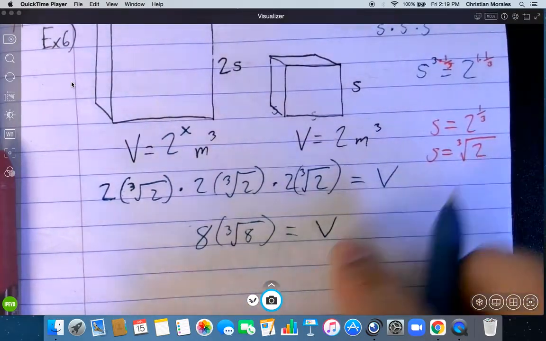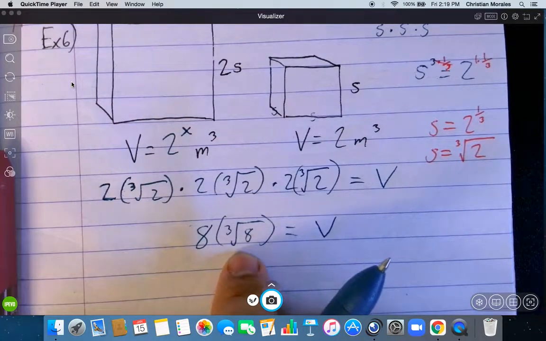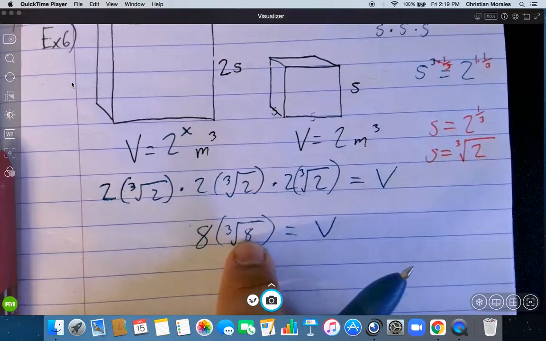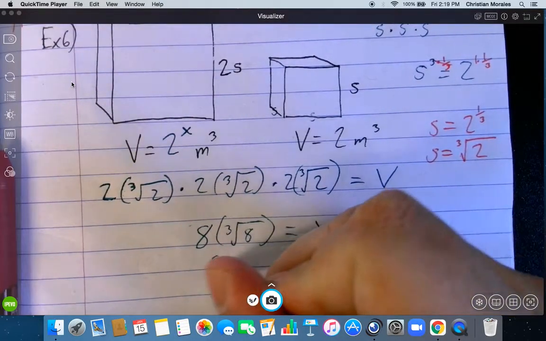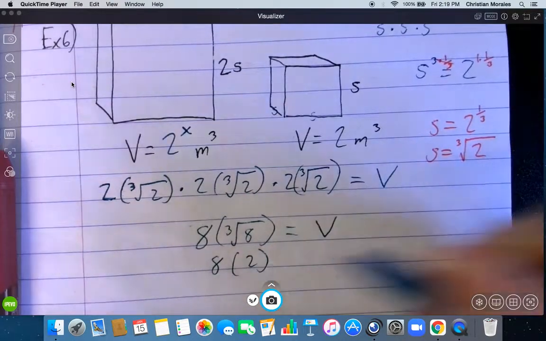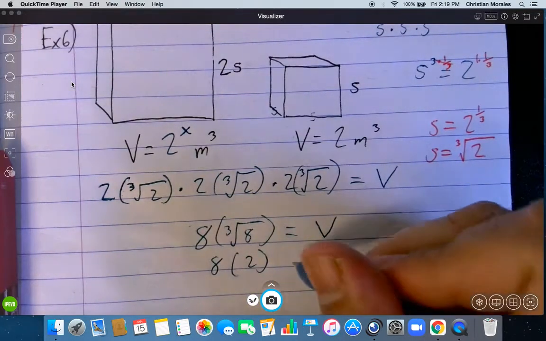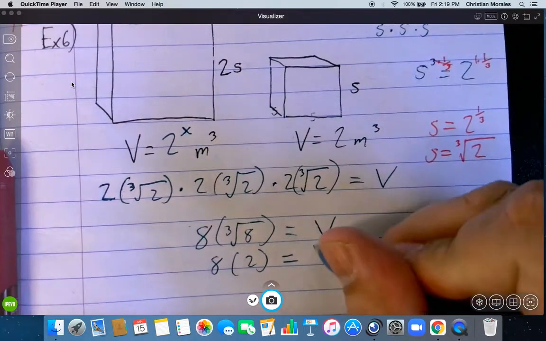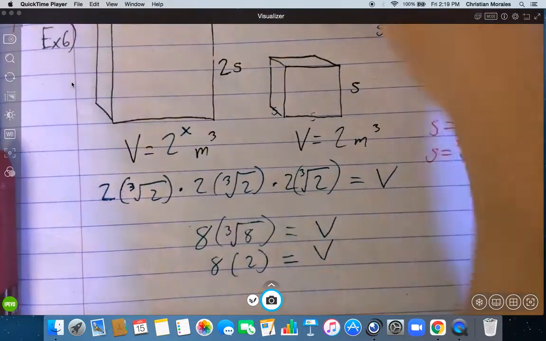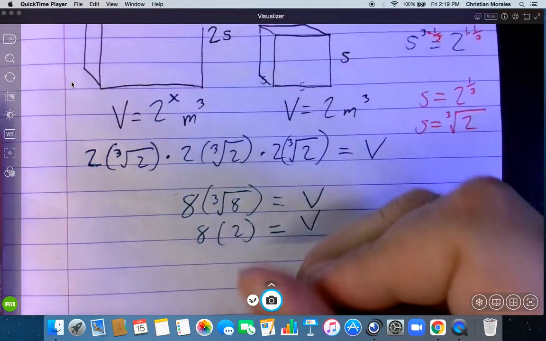And this is the volume of that. Oh, wait a minute. 8 has a cube root. The cube root of 8 is 2. Put that in your calculator. All right. So the volume is 8 times 2. What could that be? Well, 8 times 2 is 16.